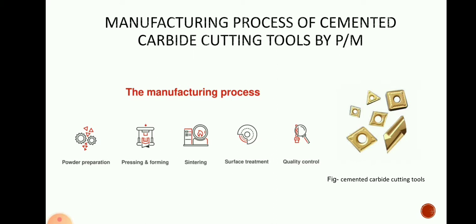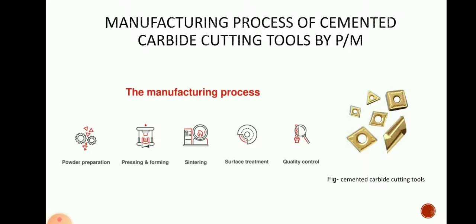Next step is sintering, then surface finishing or surface treatments, and then quality control or inspection, and finally you will get the application or product. So this is the flow for any powder metallurgy product. For cemented carbide cutting tools also, the same process is used.